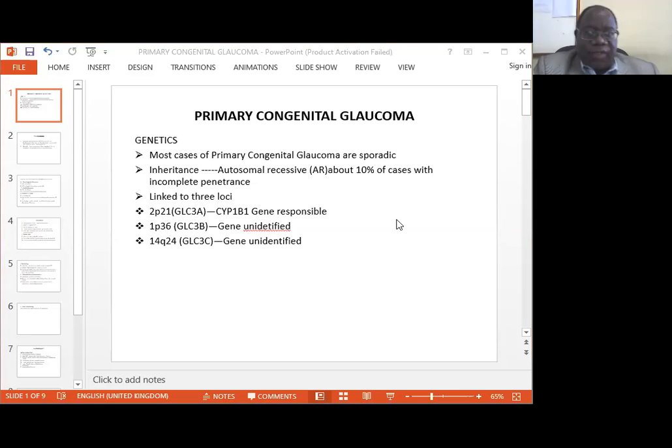So most cases of primary congenital glaucoma are sporadic, with autosomal recessive inheritance in about 10% of cases, with incomplete penetrance.